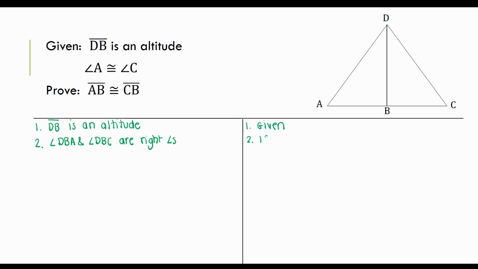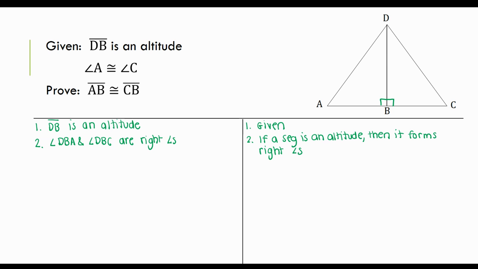Once again, this is because if a segment is an altitude, because remember, that's what's given to us, then it forms right angles. That is what we are proving. So I can mark that I have some right angles.